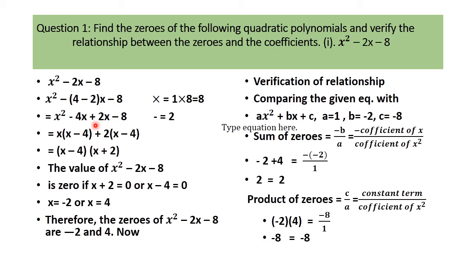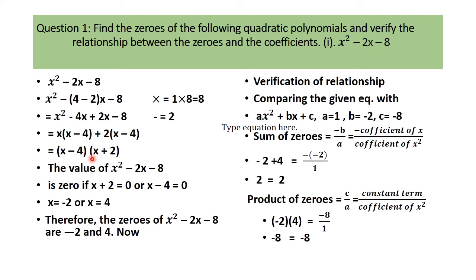Similarly, in the last two terms, we will take common 2, and we are left with x minus 4, since 4 2s are 8. In most questions, this bracket term remains the same. Now we will take common x minus 4, and we are left with x plus 2.